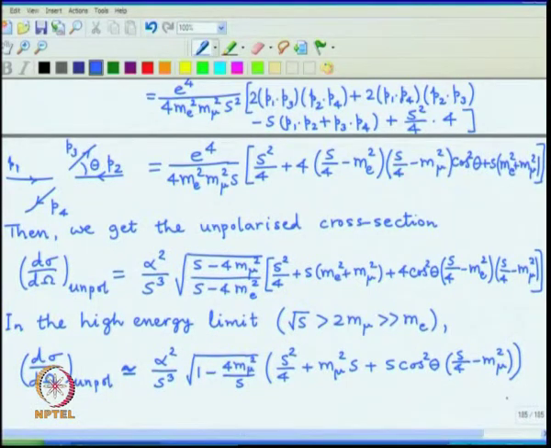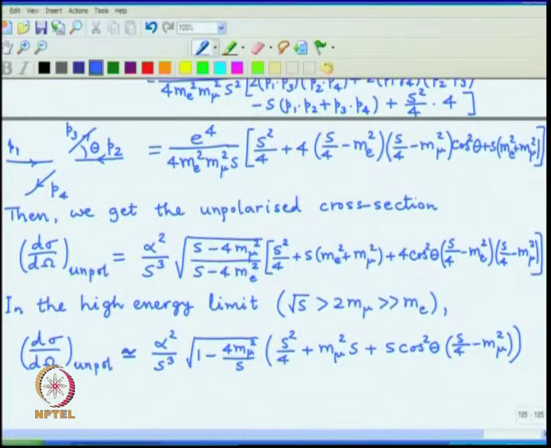And this can be further simplified if one decides to neglect the muon mass as well.